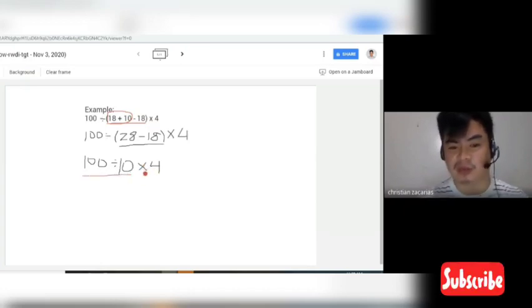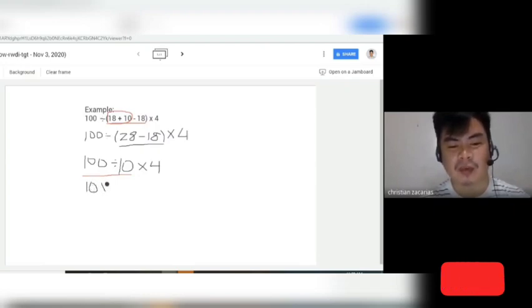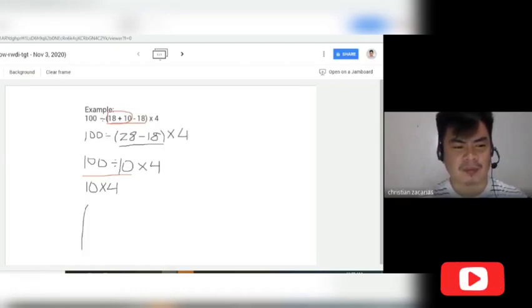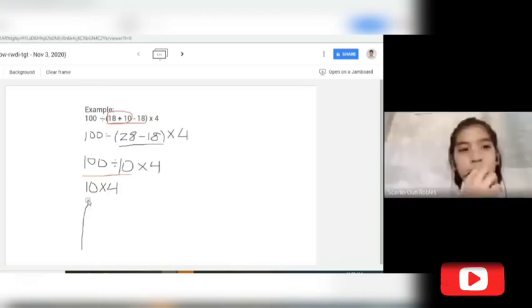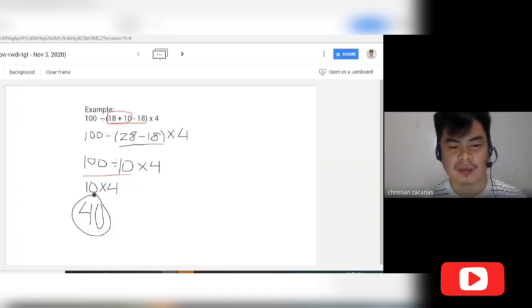Kahit nauna sa PEMDAS tong si multiply. So let's go there. 100 divided by 10, that would be 10. And then copy times 4. Okay, so 10 times 4 for the final touch, that would be 40 po, sir. Yes, okay, it's 40. Lumampas yung guhit. Wait lang. That would be 40. Okay, and this would be our final answer.